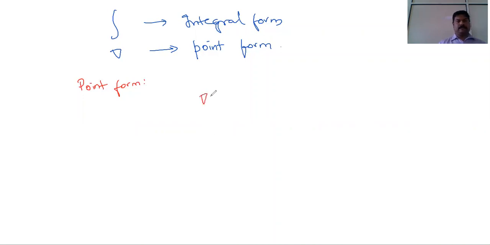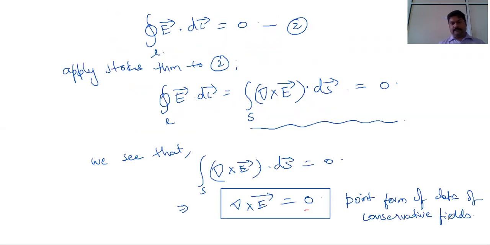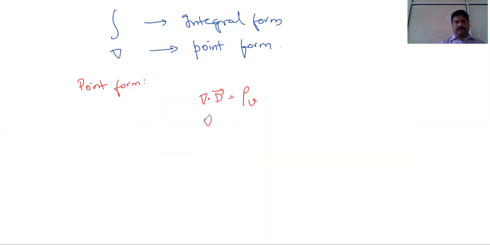So we saw the Gauss law: del dot D equals rho V, first equation. Again, in electrostatics, we saw the conservative field. So we'll take this one: del cross E equal to 0. For a conservative field, this holds true.